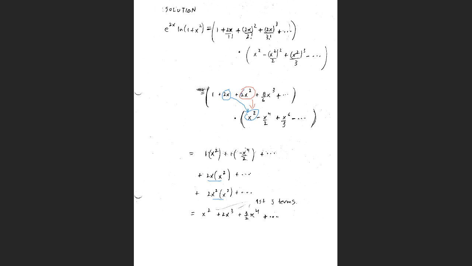And that's going to get me 2x to the 4th power. See, I have to worry. The first 3 non-zero terms are going to be an x squared term, an x cubed term, and an x to the 4th term. I've accounted for all of those now, and so these are my first 3 terms of the power series.